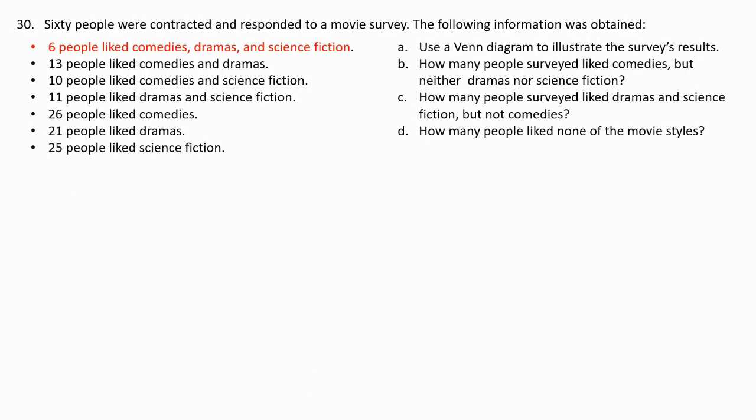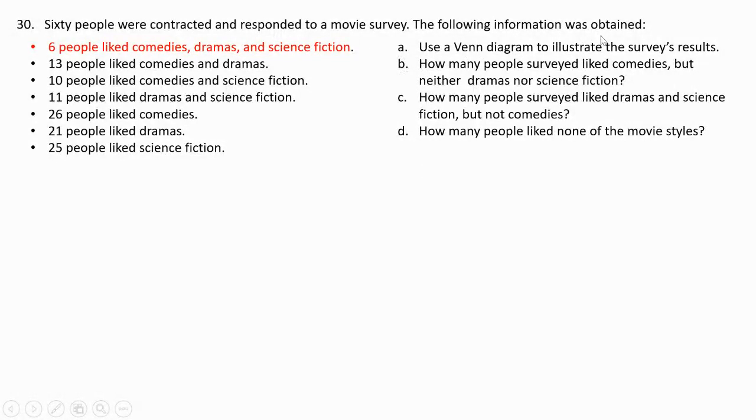The following information was obtained. 6 people like comedies, dramas, and science fiction. 13 people like comedies and dramas. 10 people like comedies and science fiction. 11 people like dramas and science fiction. 26 people like comedies. 21 people like dramas, and 25 people like science fiction.